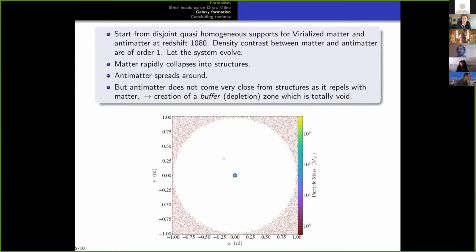Yes, okay. Let's put it this way. You ignore this dot at the center, and you fill this empty circle with also antimatter. Then you have no force, because it's a homogeneous box, nobody is feeling anything.